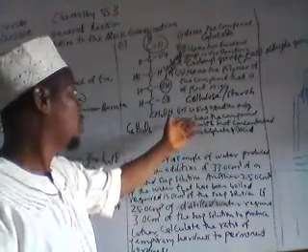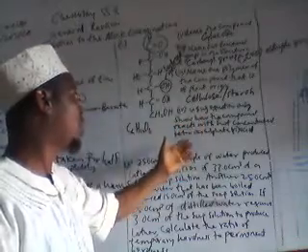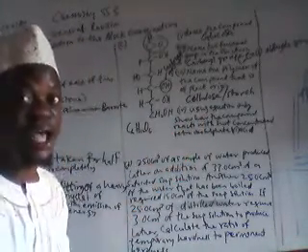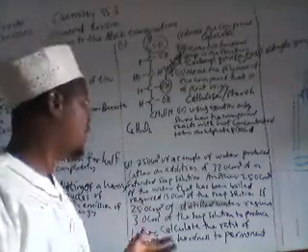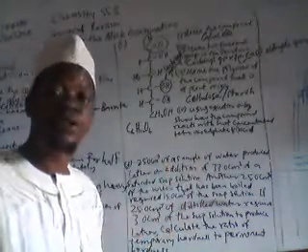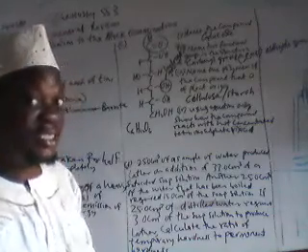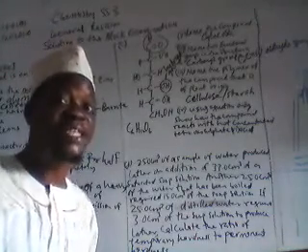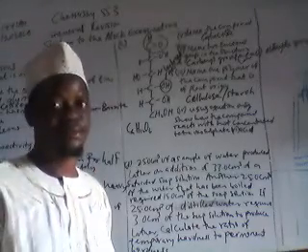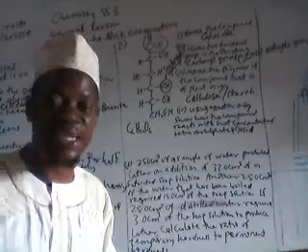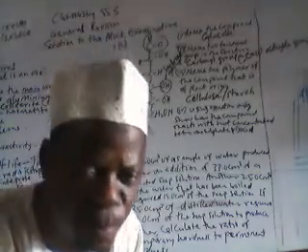You are asked to show with an equation how the compound reacts with hot concentrated tetraoxosulfate 6 acid. I have told you hot concentrated tetraoxosulfate 6 acid would not react as an acid, rather it will react as a dehydrating agent. You know, tetraoxosulfate 6 acid has many parts.